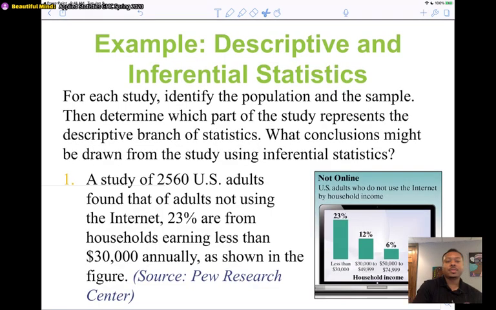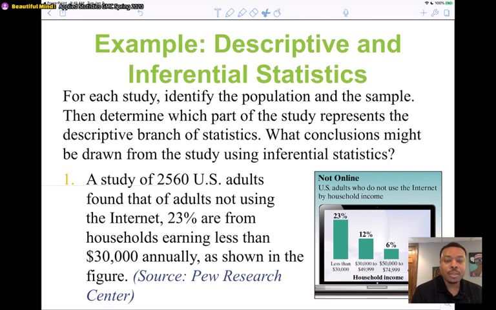All right, so let's look at this one. For each study, identify the population and the sample, then determine which part of the study represents the descriptive branch of statistics. What conclusions might be drawn from the study using inferential statistics? A study of 2560 U.S. adults found that of adults not using the internet, 23% are from households earning less than $30,000 annually.